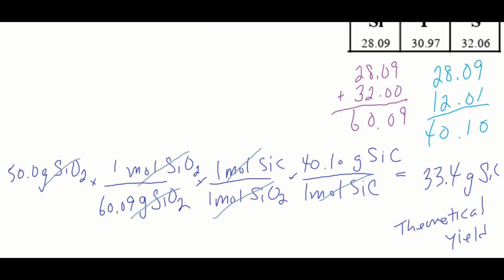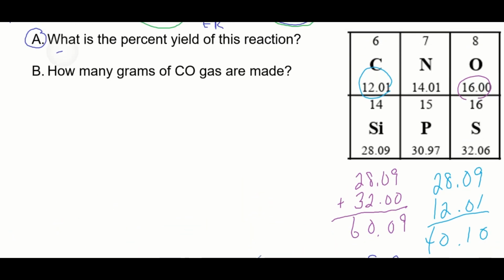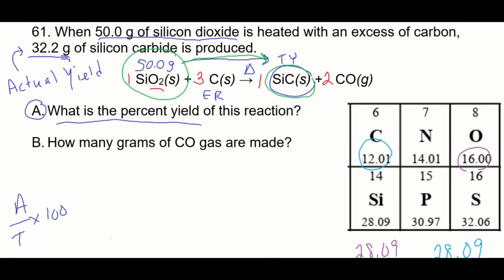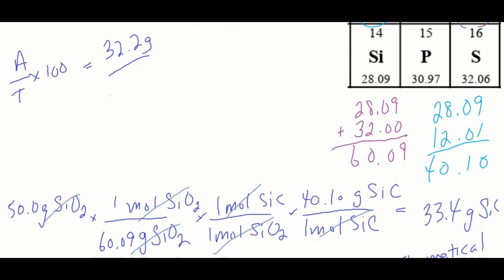Now part A is asking us, what is the percent yield? So percent yield is the actual yield over the theoretical yield times 100. So we're given the actual yield of 32.2 up here. 32.2 grams over the theoretical yield is why we did the stoichiometry.